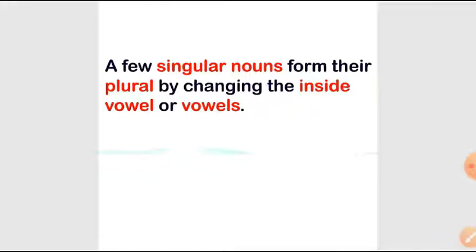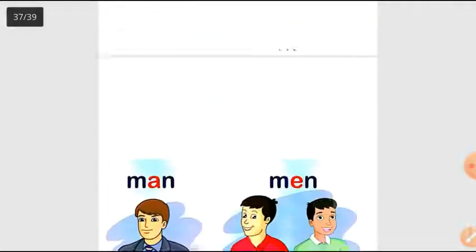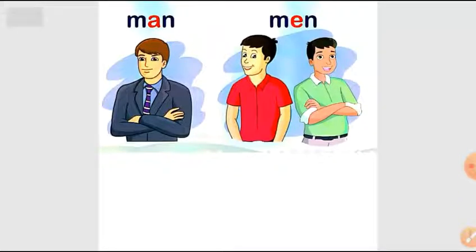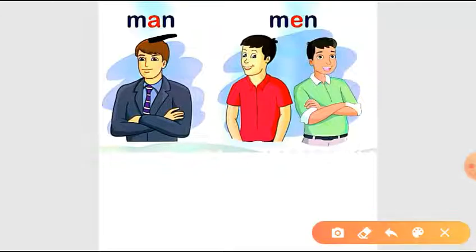In few words we can change the vowel and by changing the vowel its form is changed from singular to plural. As you can see here, man, a is there, it is singular and we have changed the vowel, men. Pronunciation is also changed. Man, men, plural form.